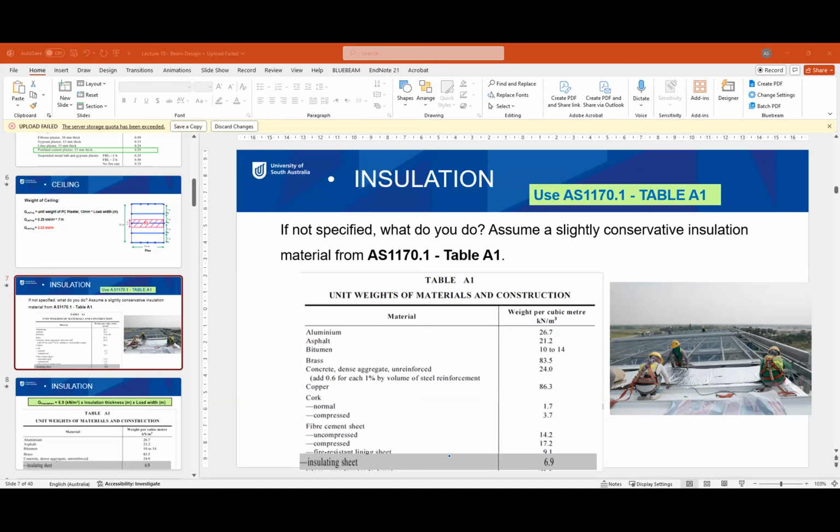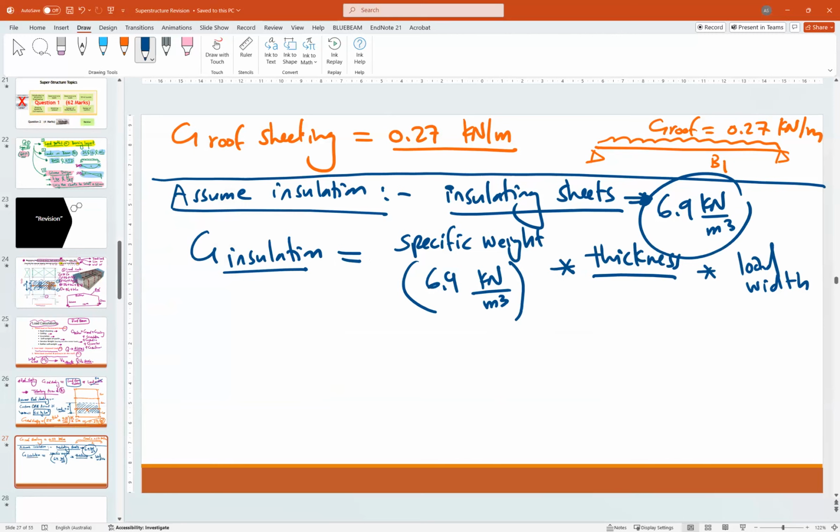Any calculation for the rafter will depend on the load width. So what I have done here is G insulation: I assumed the insulation sheets here. G insulation equals the specific weight, 6.9, multiplied by the thickness of the sheet, multiplied by the load width.